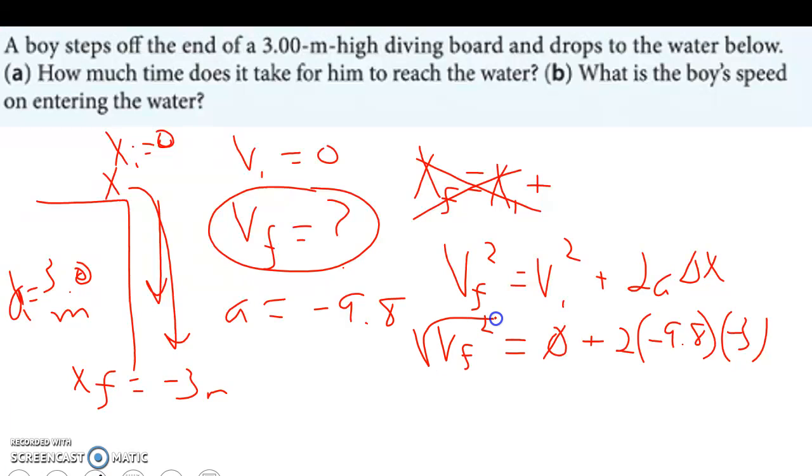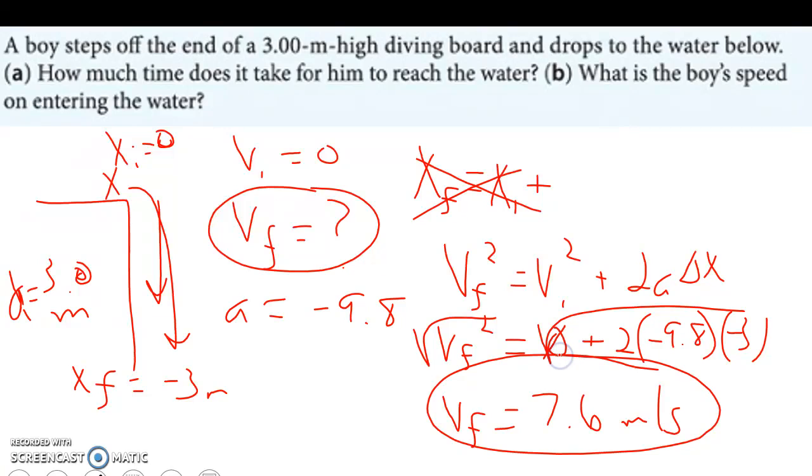We take the square root of both sides, and the square root of 58.8 is 7.6 meters per second. So that's our final velocity. Our speed upon entering the water is 7.6 meters per second.